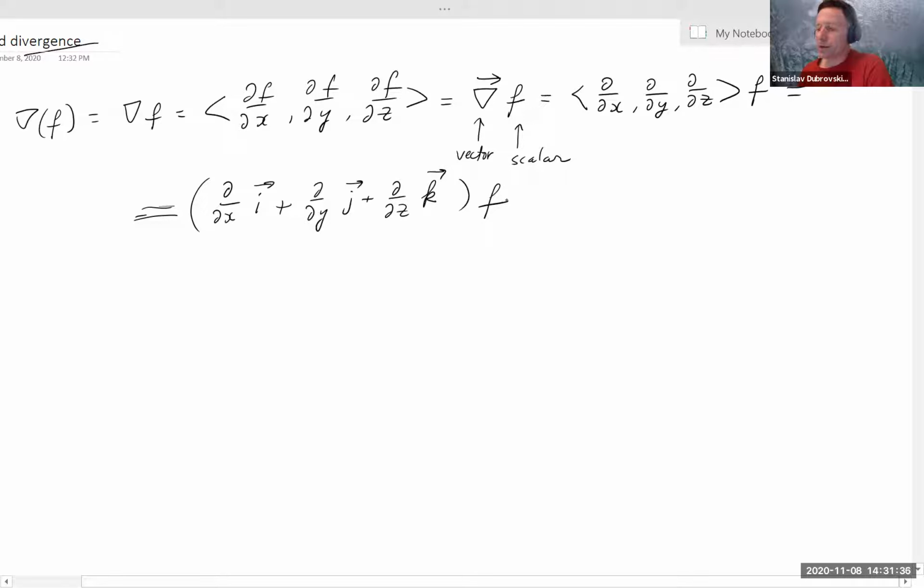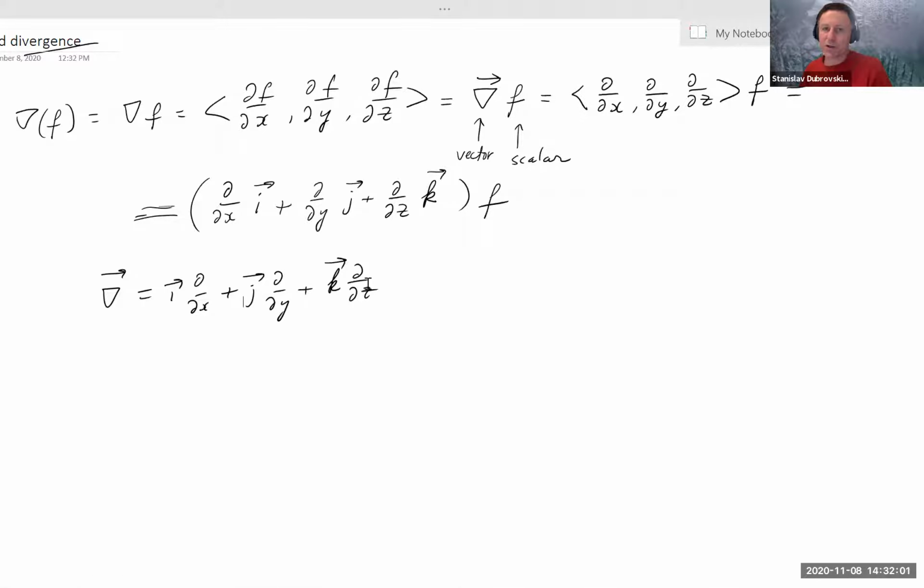So if we can think of it as a vector, gradient is ddx, let me write it like this. Sometimes you see this notation as well, plus k ddz. Then you can start thinking of all the vector operations.